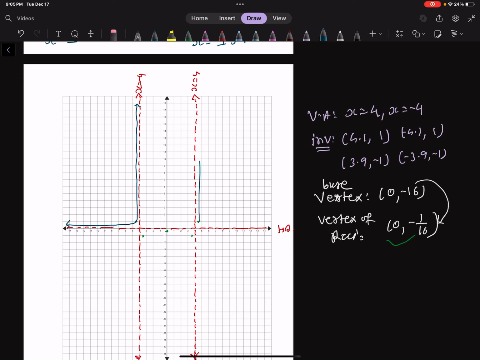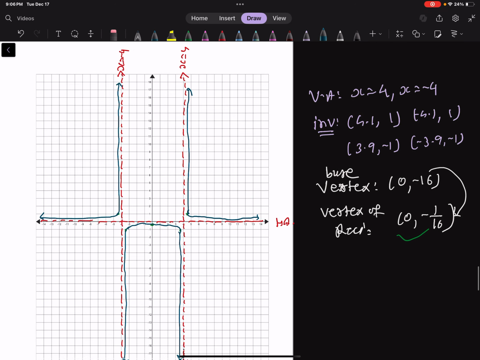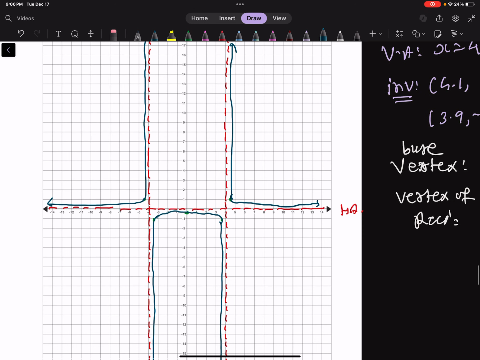The second goes here. Then the third one goes here. This way we can get the graph of the reciprocal function.